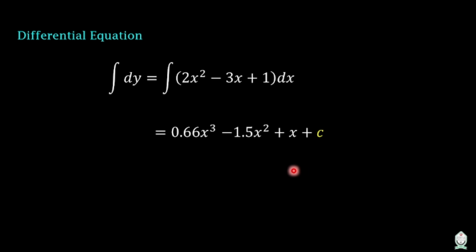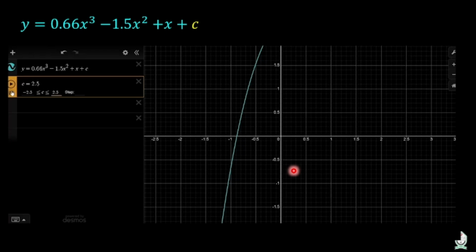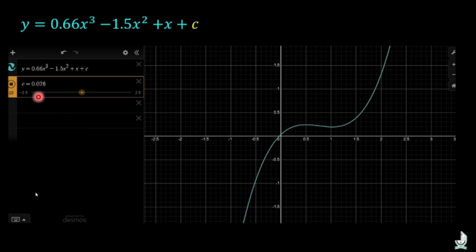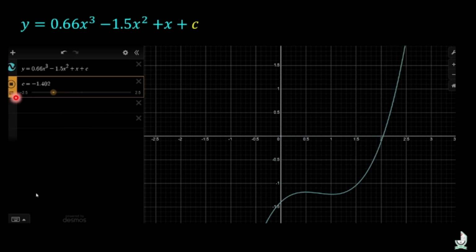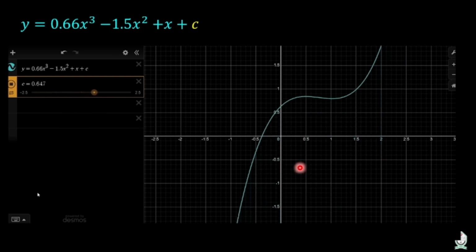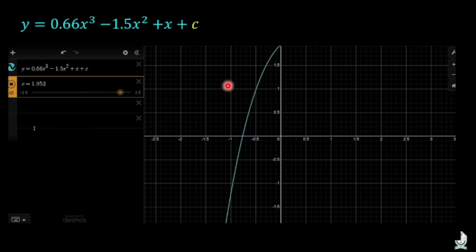Still we haven't reached a definite conclusion, because if we plot this function on a graph, it will vary for different values of c. Here we have kept the values of c varying from minus 2.5 to 2.5, and as the value of c varies, see how the function varies along the x axis and y axis. So if we keep the solution in this format, it is not a definitive solution.